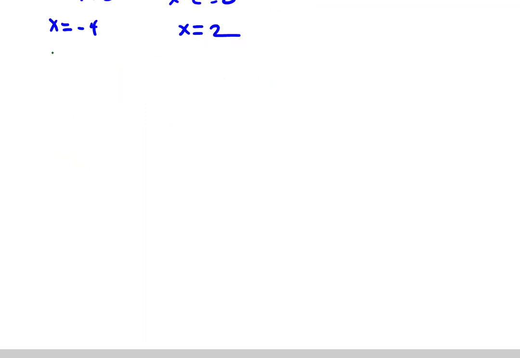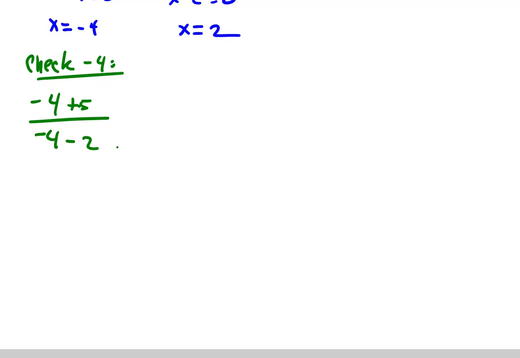Now, as you'll recall from our notes above, one very important step with any rational equation is to check our answers. So we'll do that simply by plugging them back in the original equation. To check negative 4, which is a proposed solution, we want to plug it back in for x in the original equation, which would tell us negative 4 plus 5 instead of x plus 5 over negative 4 minus 2 equals, or we're wondering if it's equal to, I'll put a question mark above the equal sign.